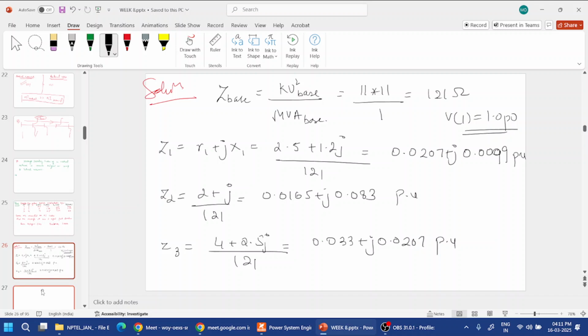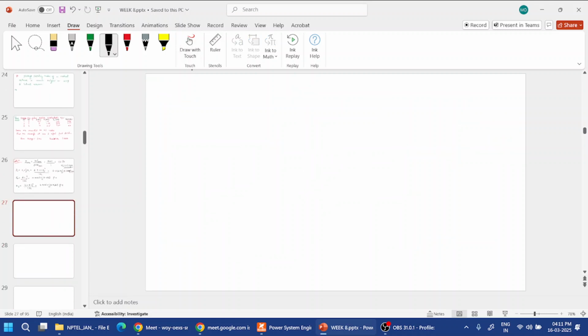So these are the per unit values of impedances. Then PL2 plus jQL2, the apparent power, is 300 plus j200 in kilowatt.